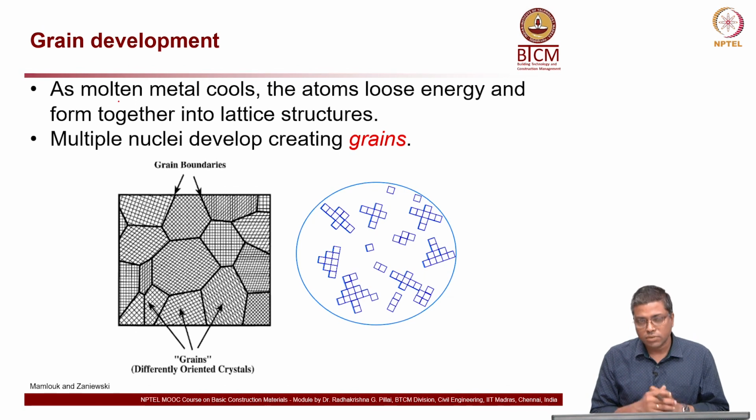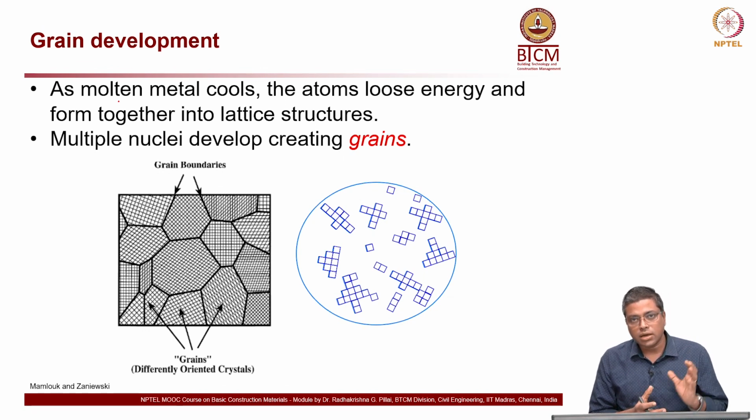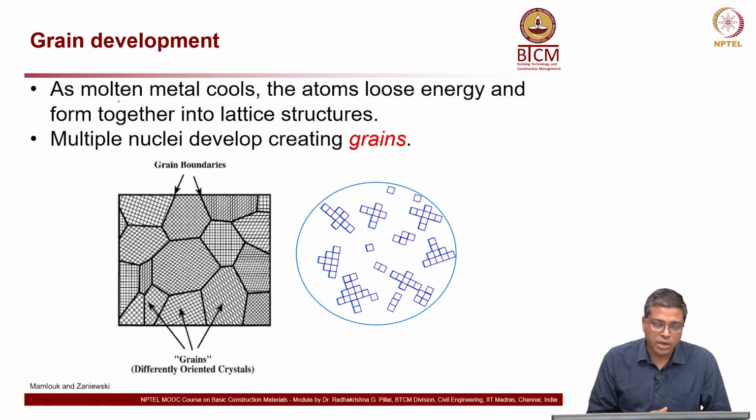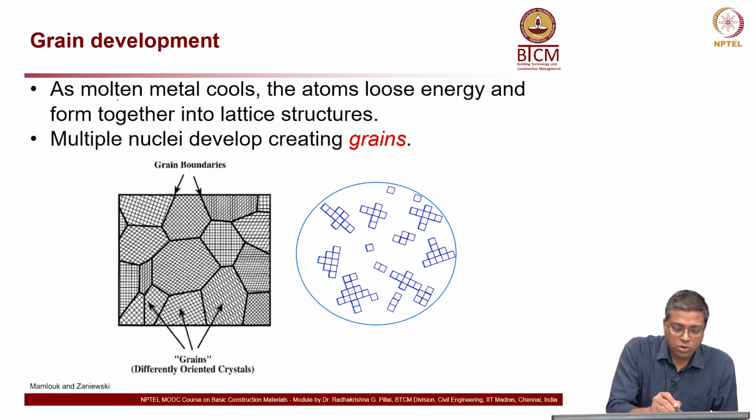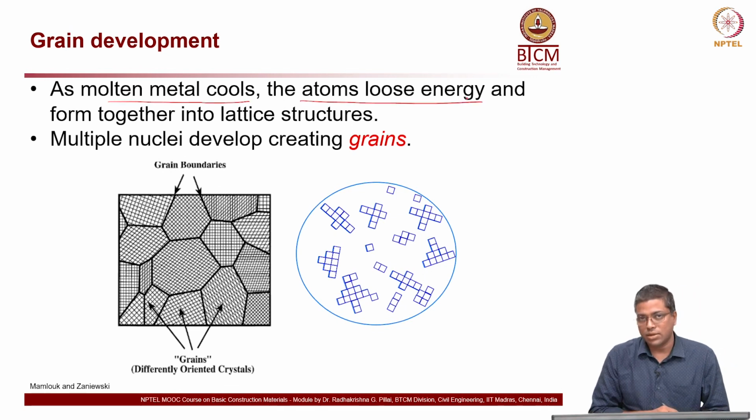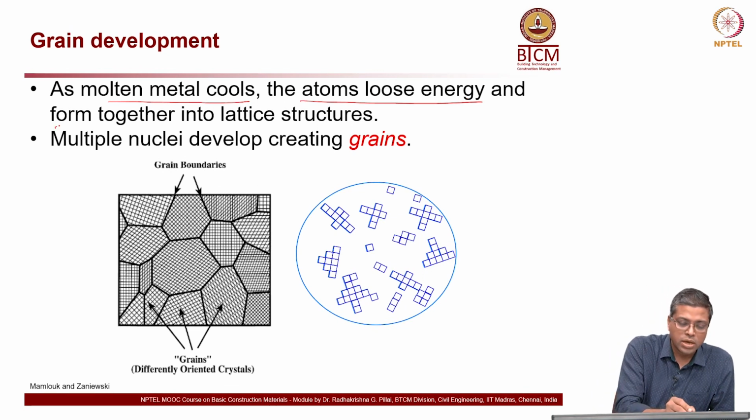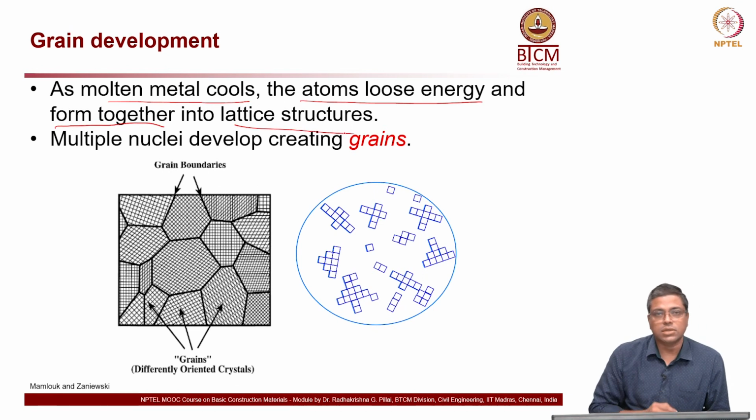But in general, if we ask how a metal is made, we can say that molten material is taken and cooled down to solidify, and then we call it metal. This was covered in the previous lecture also. Now, as the molten metal cools, the atoms lose their energy and form together into lattice structures.